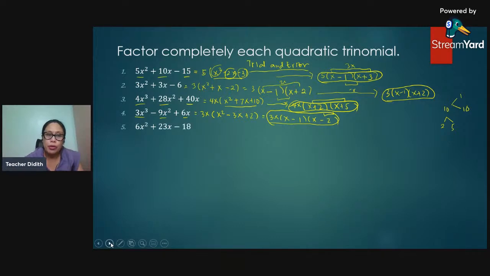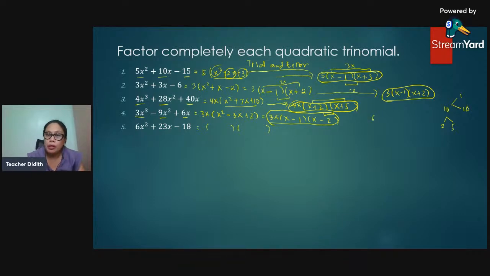Here. So for number 6, I guess we don't have common factors, so we will go directly to working on the factors. It's kind of hard since the first and the last terms are not prime numbers, so there are many possible factors for 6 and 8. And we will be working on the combination, and we will compare that with the middle term.